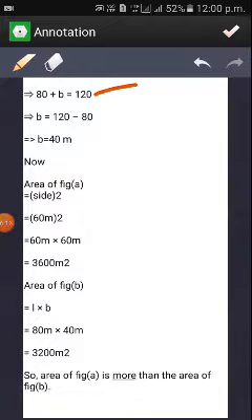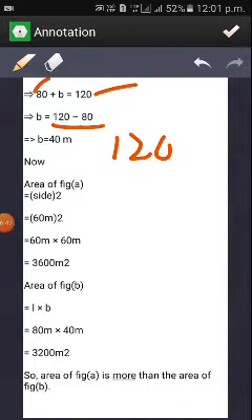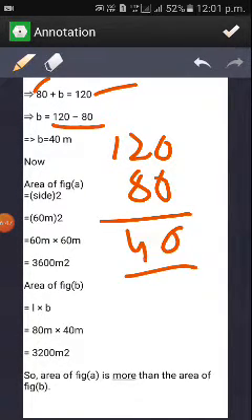Now transferring like terms to one side, we transfer this plus 80 to the right hand side, it will get subtracted when transferred to the RHS, so it will become b equal to 120 minus 80. Subtracting 80 from 120, we get 40.